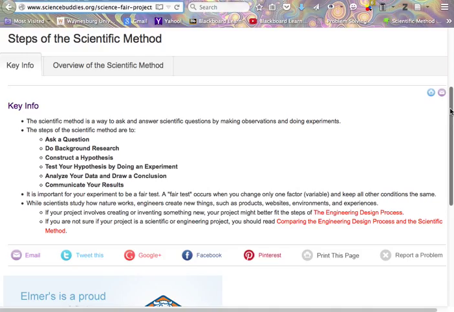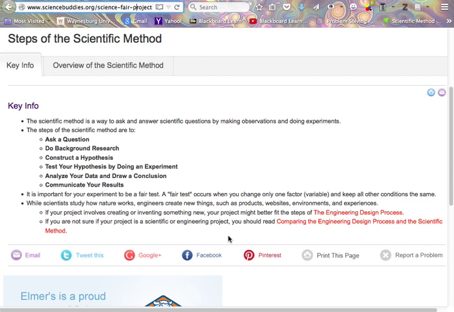And you can see, ask a question, do background research, construct a hypothesis, a special question that's very defined, test your hypothesis by doing an experiment, collect your data during the experiment, analyze your data, draw a conclusion, and communicate your results. Remember that it is important for your experiment to be a fair test, as they say right here on the Science Buddies website.